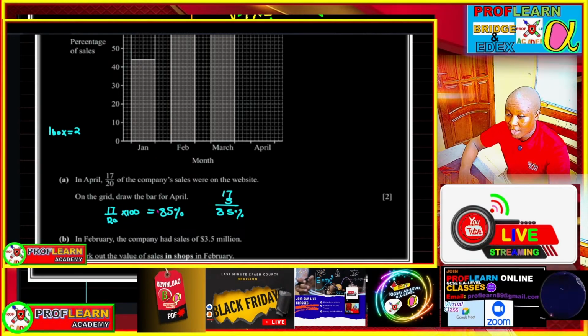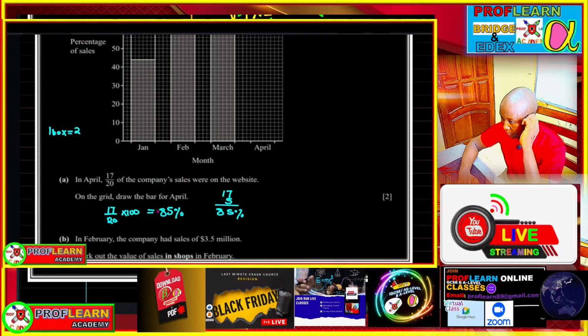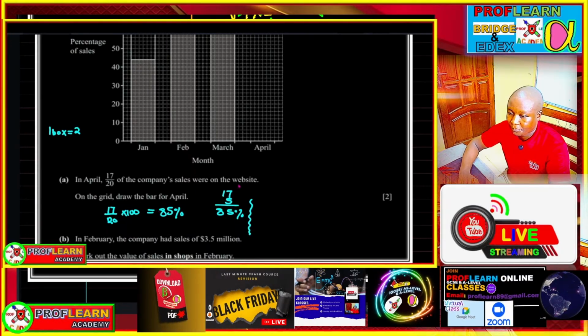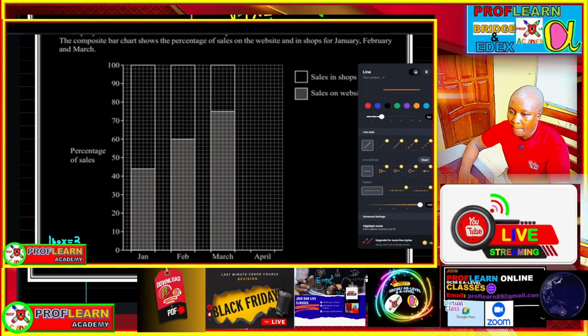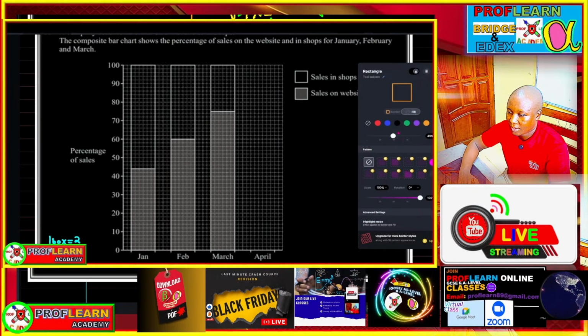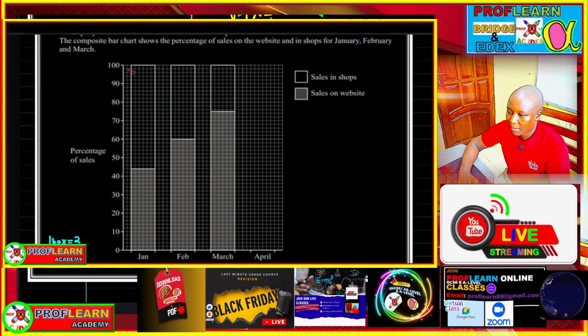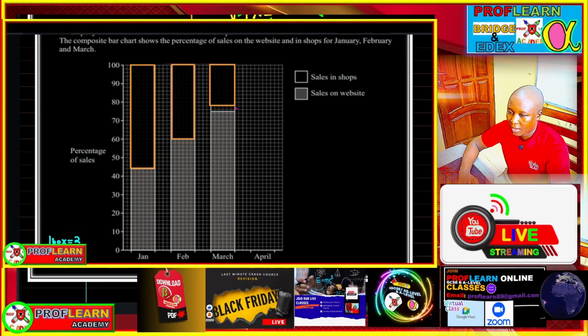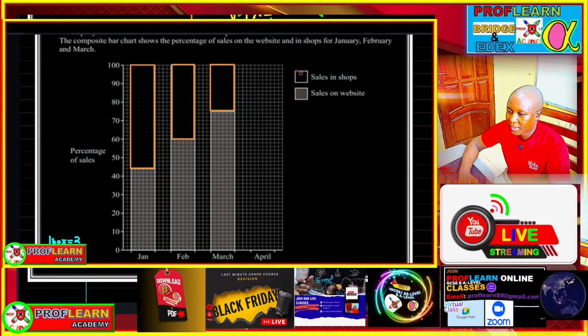So the sales in the shop, all the sales have to be 100, so we can say this is going to be 100. We just move this so that I can make this clear, because you can see that this is a bit unclear. This black one that we have here is basically representing sales in the shop.